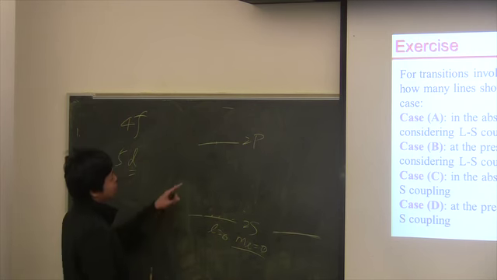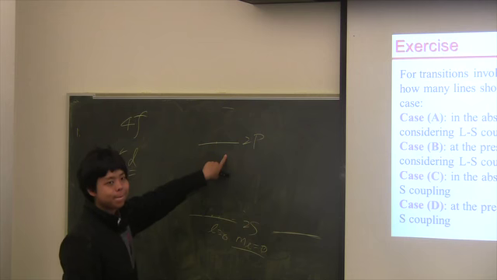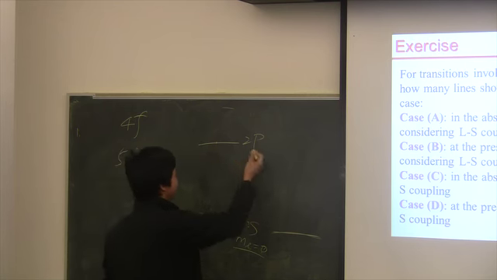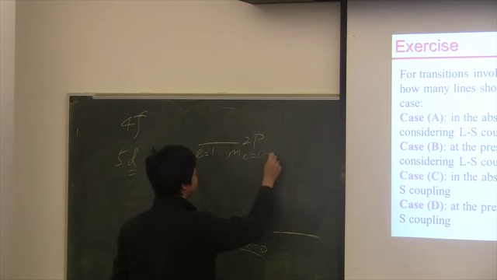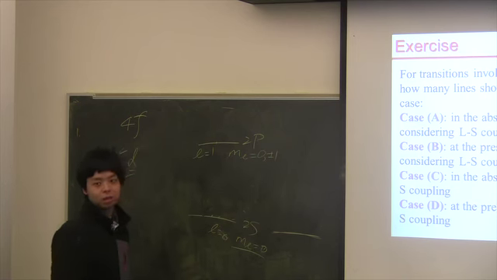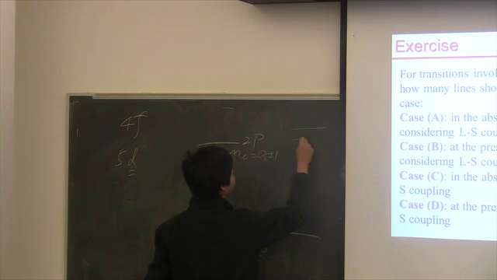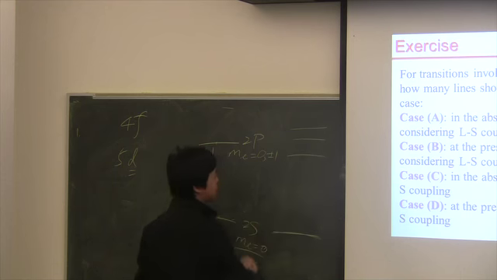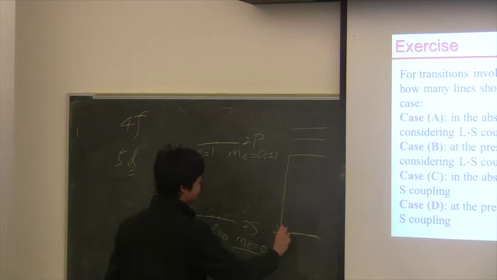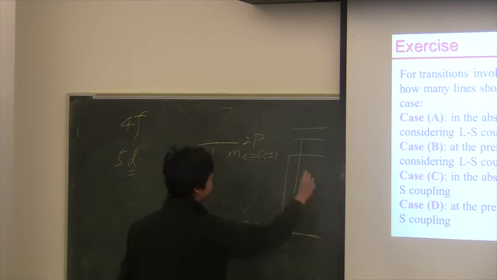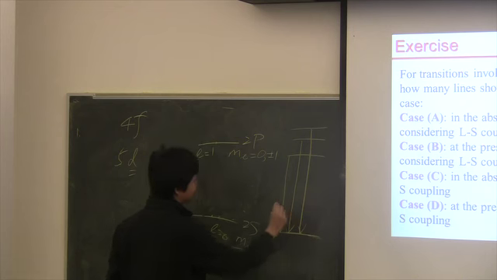Okay. How about 2p? It's also about the ML value, right? So ML depends on L. L equals 1, so ML is plus 1, 0, minus 1, so it would be 3. Right? Then how many lines? Well, there's first one, second one, third one.